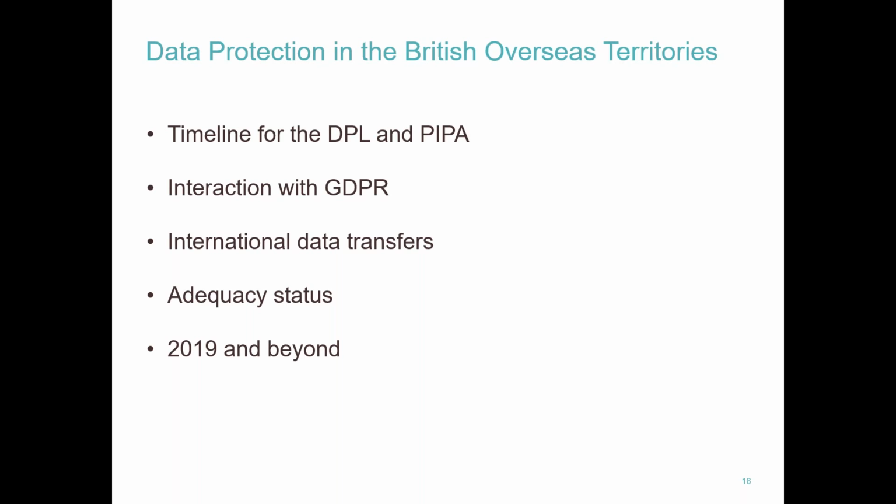You can. I'm not sure I know the answer to it, sadly. I think that's probably right. I think Bermuda and Cayman are even a step behind, perhaps, in the sense that they're looking to achieve adequacy, but they're not going to achieve it at this stage. I'm not sure anyone knows, either in the interim or even if they achieve adequacy status, how that would tie in with the ability to transfer data to and from.